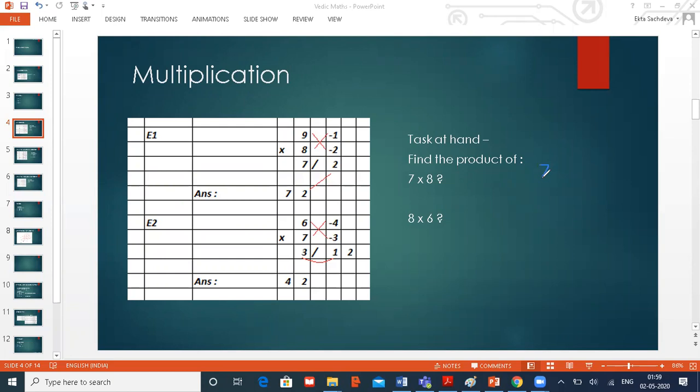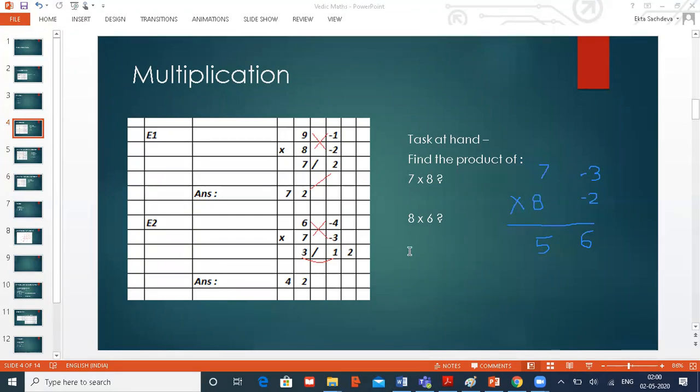You will write a 7 and an 8. 7 is 3 less than 10 and 8 is 2 less than 10. Now I know 3 into 2 is 6 and 7 minus 2 is 5. Maybe my pointer is not very clear, but the concept is clear. So what I've done is multiplied 7 into 8.